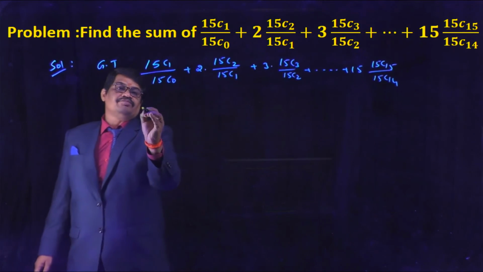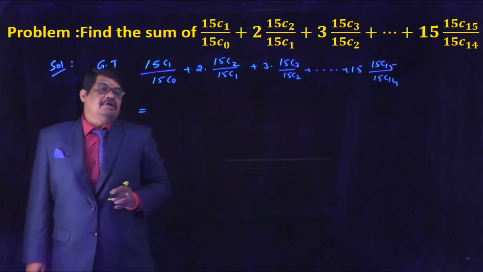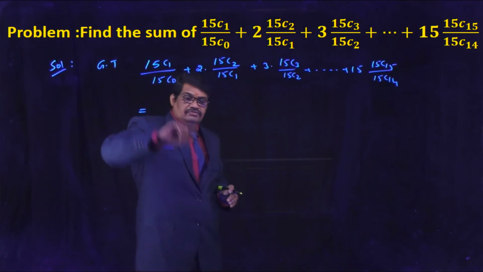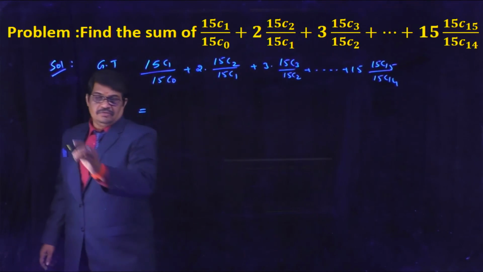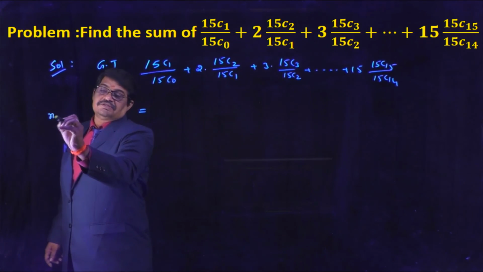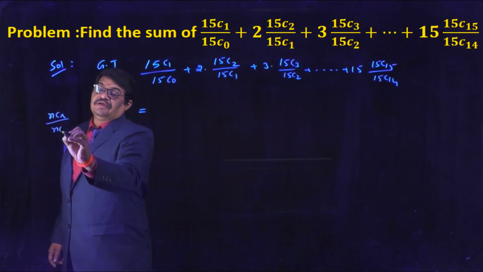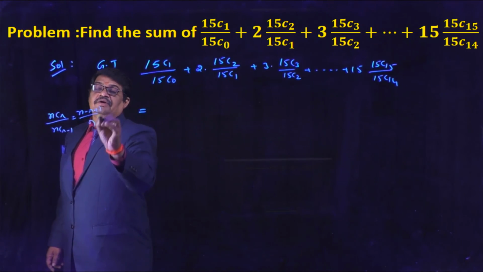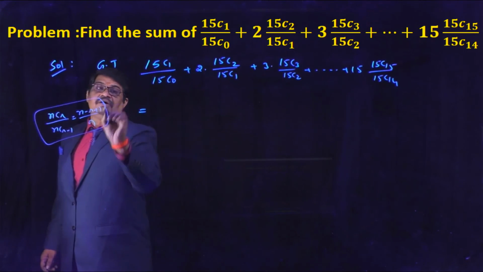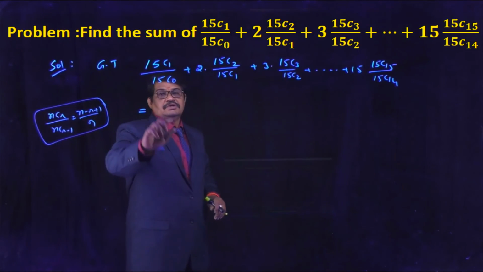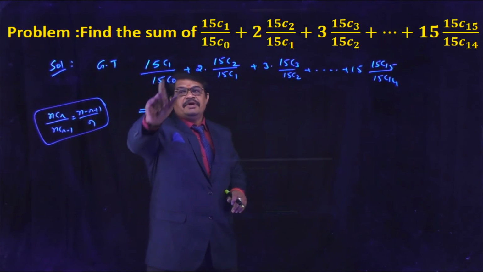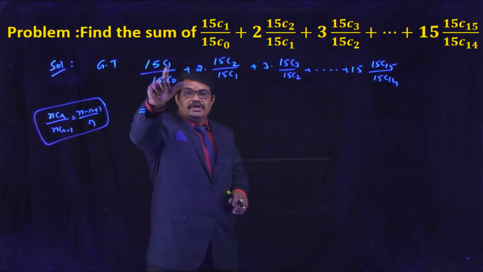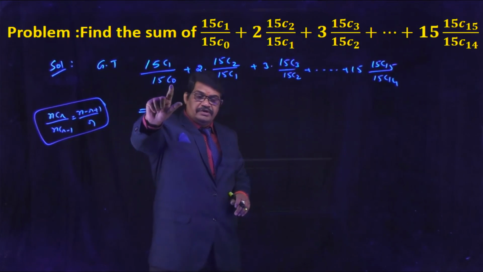Now we are writing this as NCR by NCR minus 1. So this is the formula we already discussed. This formula NCR by NCR minus 1 is equal to N minus R plus 1 by R. Using this formula, here these are the terms in this form, 15C1 by 15C0. Here N is 15, here R is 1 and R minus 1 is 0.